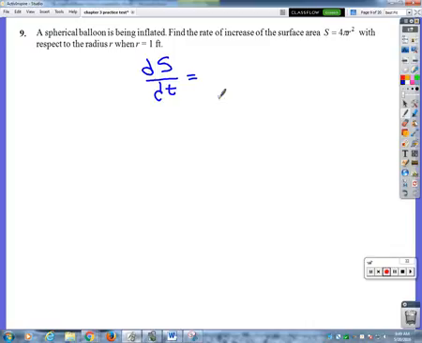So when I take the derivative of this, I put the 2 in front and make it 8 pi r, but then I have to go times dr dt. So it's sort of like implicit differentiation.